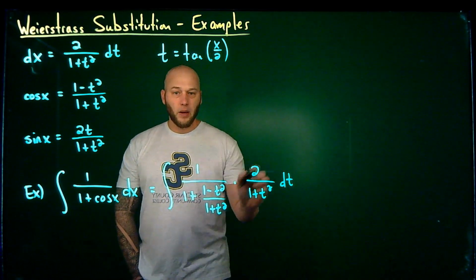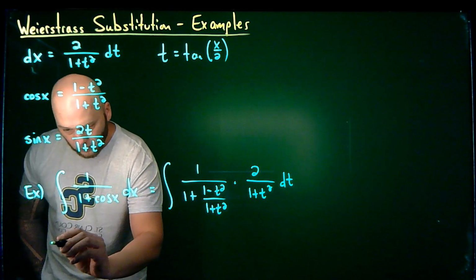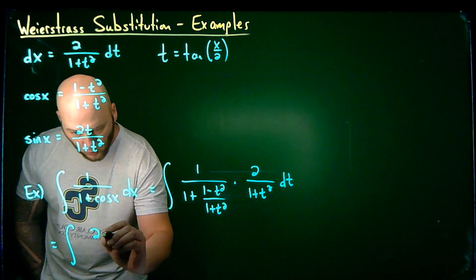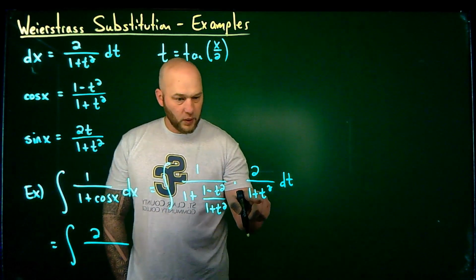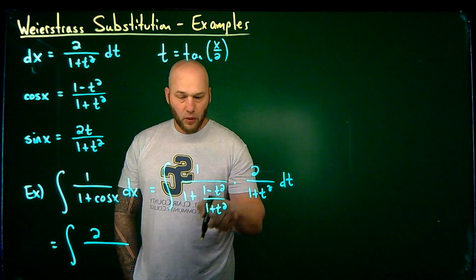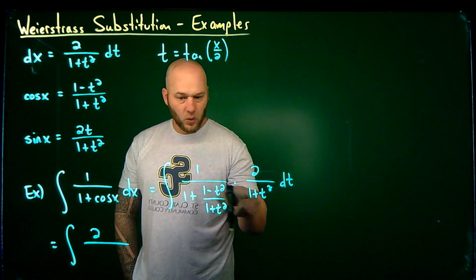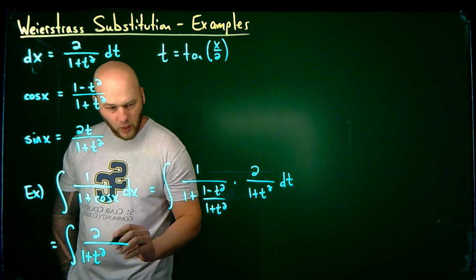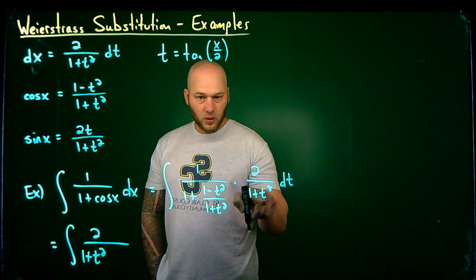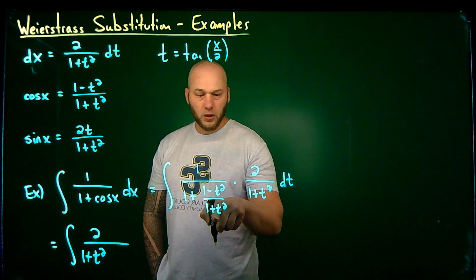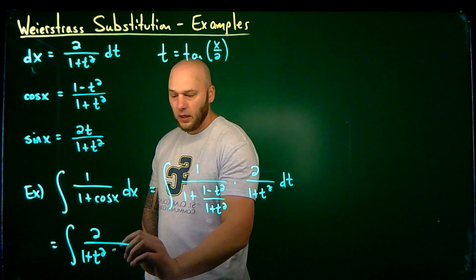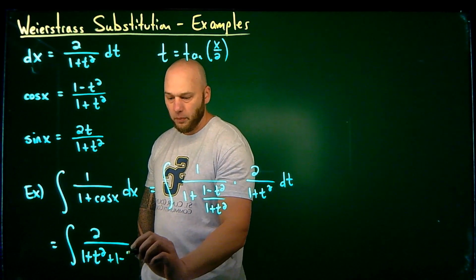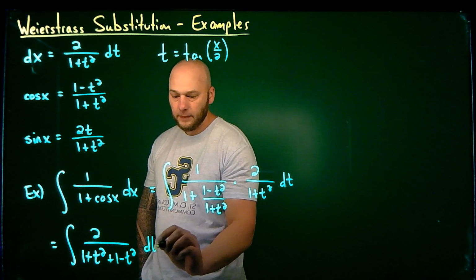If I multiply those two together, I'm going to get 2 over, now I take 1 plus t squared and distribute that through. Of course, 1 plus t squared times 1 gives me 1 plus t squared. And then 1 plus t squared times this rational expression here, the denominators cancel, giving me plus 1 minus t squared, dt.